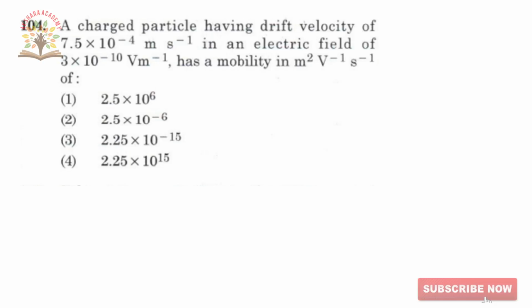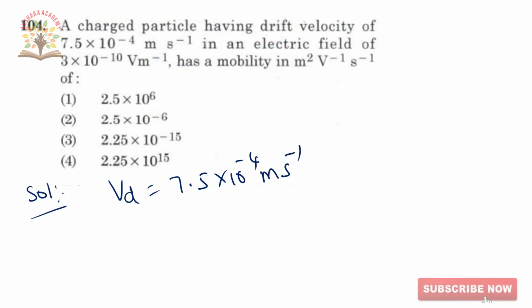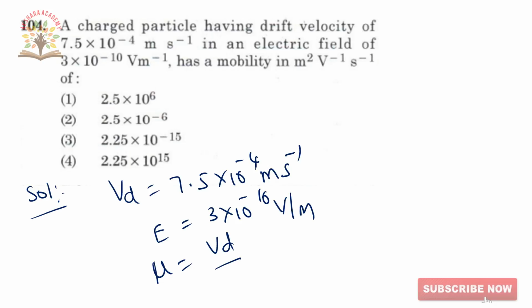Here in this question they are given, and I am writing the solution. Vd is equal to 7.5 into 10 to the power of minus 4 meter per second, and E is given as 3 into 10 to the power of minus 10 volt per meter. Then mu is equal to Vd by E. Substituting values, 7.5 into 10 to the power of minus 4 by 3 into 10 to the power of minus 10.